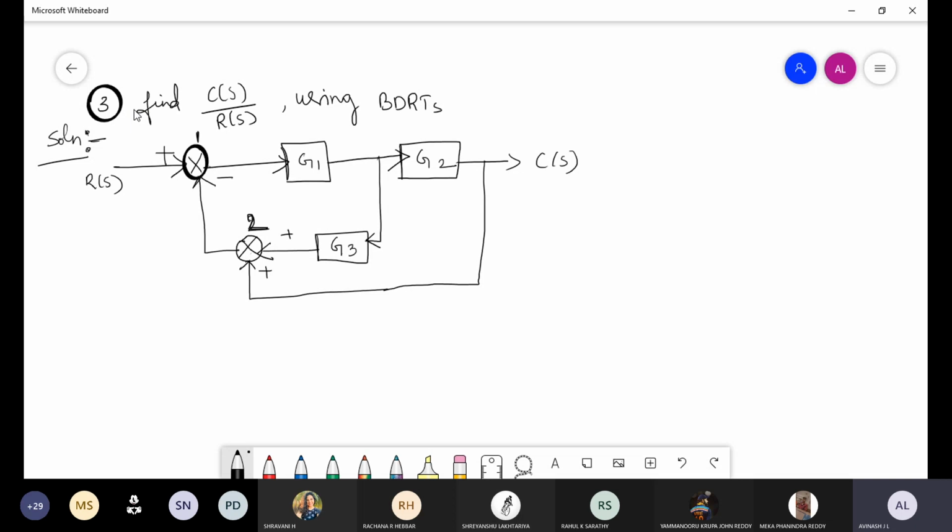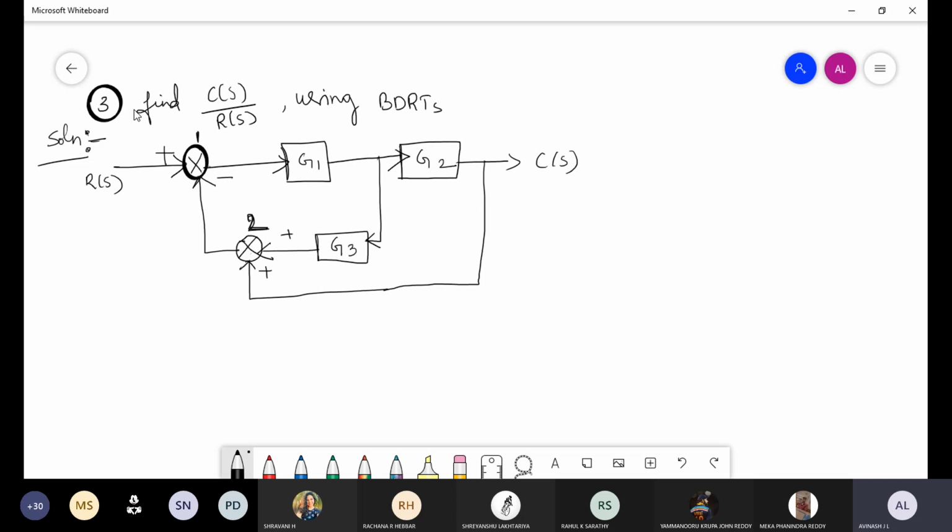Between summing points 1 and 2, there are no blocks. That means we have a provision of combining the summing points. Once we combine, we'll see what will happen next. Before combining, the value we consider should not get altered. If it is getting altered, then there is no point in combining the summing points. So I will go from the back end.